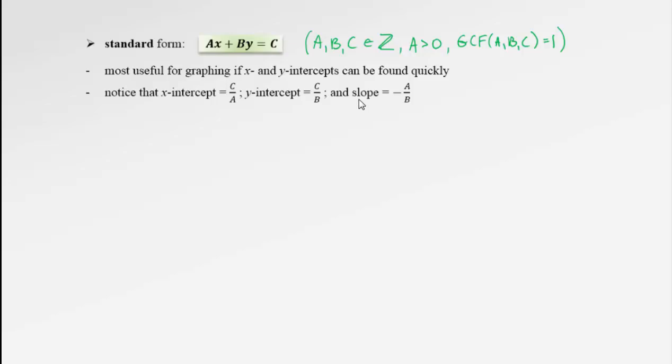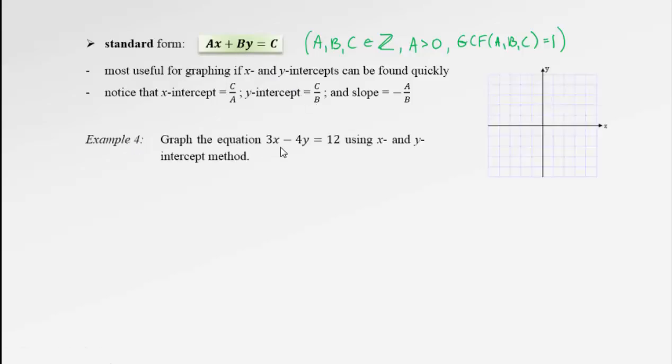The third indicator, slope, we figured this out in one of the previous videos. It's -a over b. So we divide the coefficients a and b and we change the sign. Okay, let's see how this method can be used when graphing the equation of a line given in standard form. We calculate the x-intercept. So x-intercept is c over a, 12 over 3 is 4.